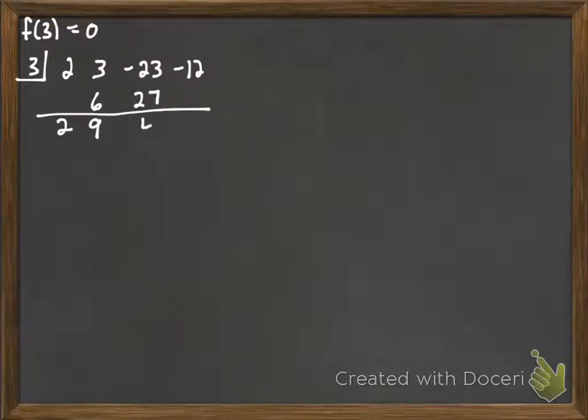Negative 23 and 27 is 4. 3 times 4 is 12. Negative 12 and 12 is 0. So that would mean that our new result, once we divide out x minus 3, is 2x squared plus 9x plus 4. Now, generally speaking, once you get it down to a second degree polynomial, we can go to the quadratic formula and find the rest of the answers.